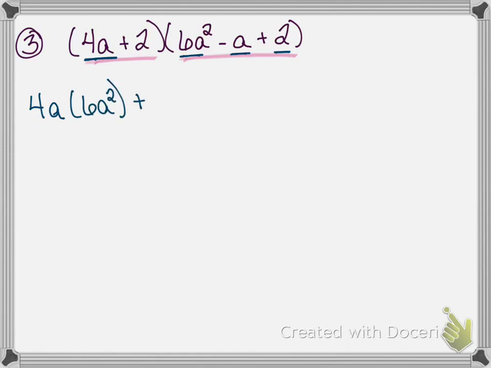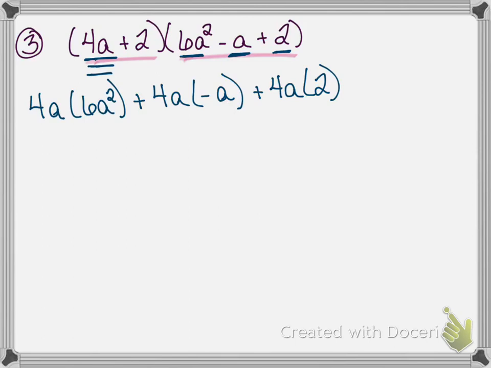Then I have 4a again, and I am multiplying that times negative a. Then I have 4a, and I am multiplying that times 2. So I have taken 4a and multiplied it by 6a squared, negative a, and positive 2.